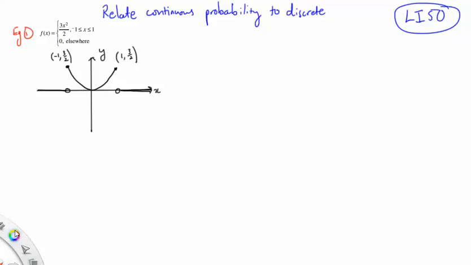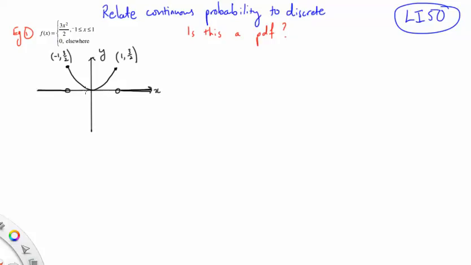Here's the first thing we're going to check. Is this a PDF? I've just assumed it is. It has to satisfy two conditions. The first is that the probabilities it spits out all have to be positive. So you can see there's no negative area under the curve. Everything's positive.